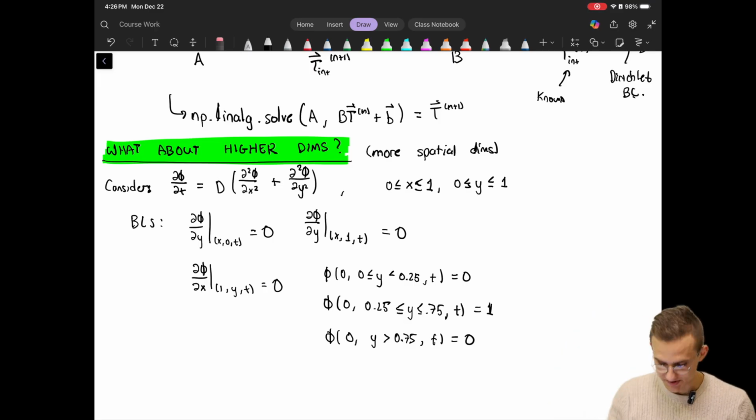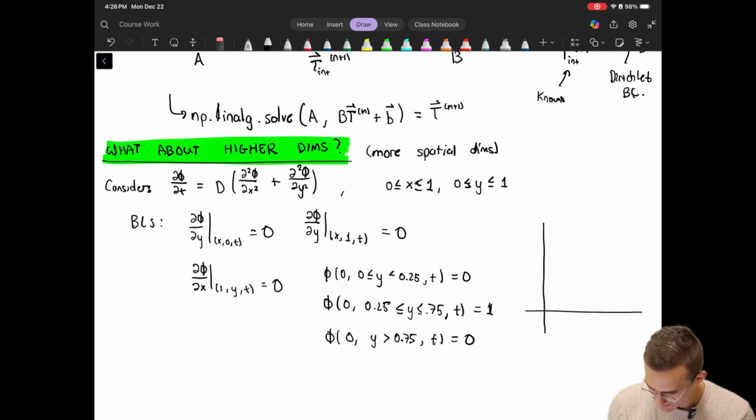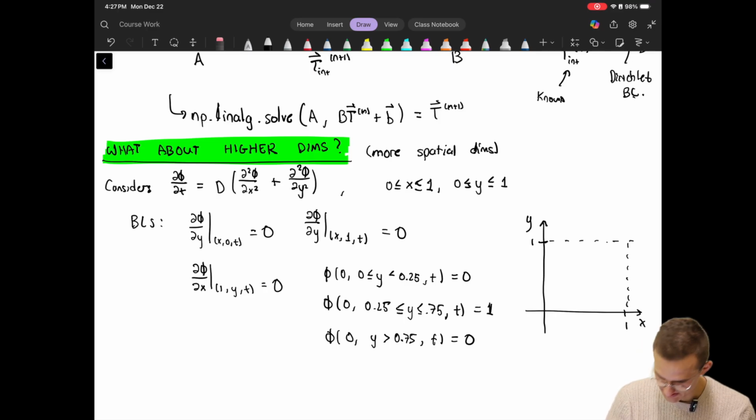So there's a boundary. Let me sort of draw what I mean here. So we have this 2D plane, x and y, and it ranges between 0 and 1. So we have this domain here. We know that d phi dy is going to be equal to 0 here.